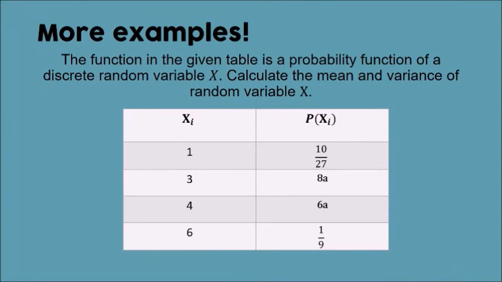Our next example, the function in the given table is a probability function of a discrete random variable x. Calculate the mean and variance of random variable x. As you can see in the table, there is the presence of a literal coefficient, which is a, and which is what we need to get rid of first.